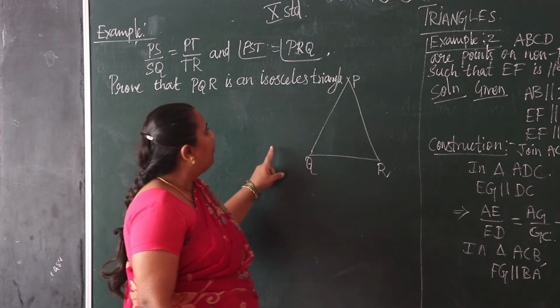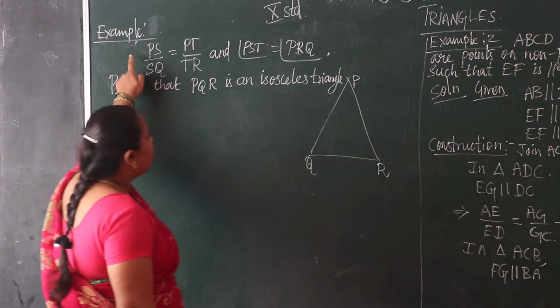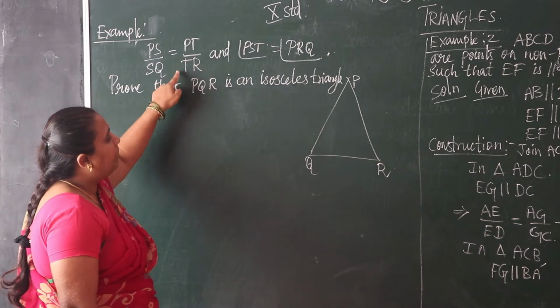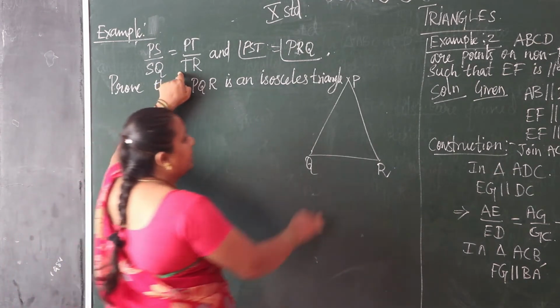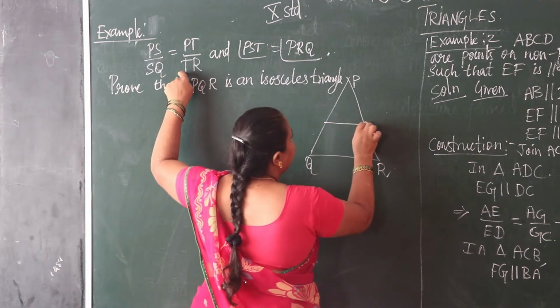So here we have PS by SQ equals PT by TR. It is given in the textbook.